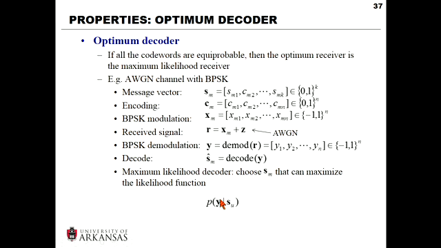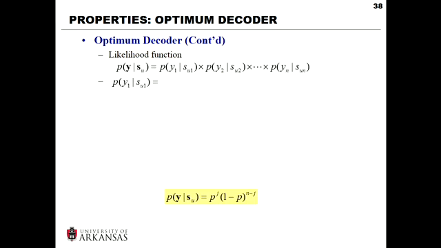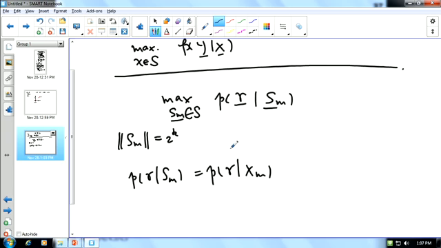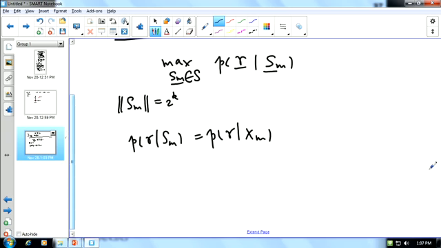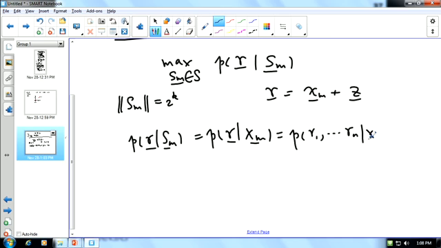And here is a typo, this Y should be R. Because R equals X_m plus Z, this is essentially P(R_1, ..., R_n | X_m1, ..., X_mn), where these are length n vectors.